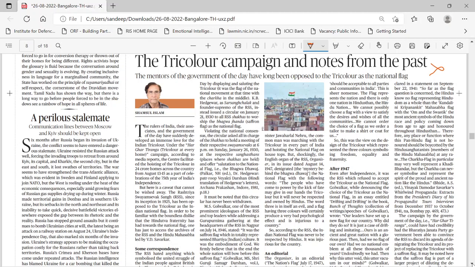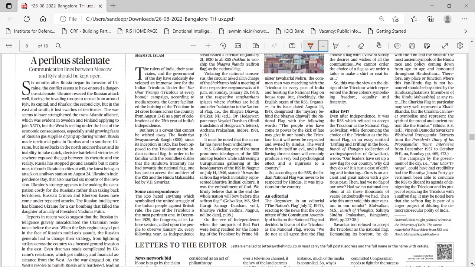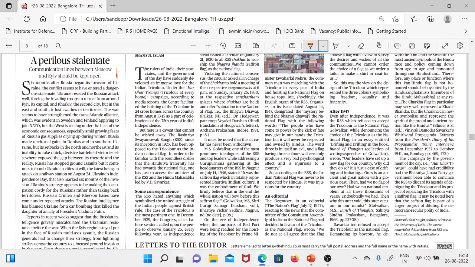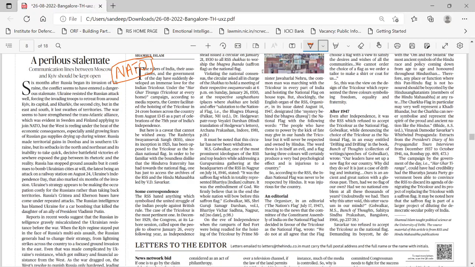A perilous stalemate. So the meaning of this is, it is talking about the Russia and Ukraine war that is actually happening, and the Indian government and other governments are actually requesting for talks, right? So that the issue can be resolved slowly. Now, in this, there is NATO. You will hear it called NATO, North Atlantic Treaty Organization.